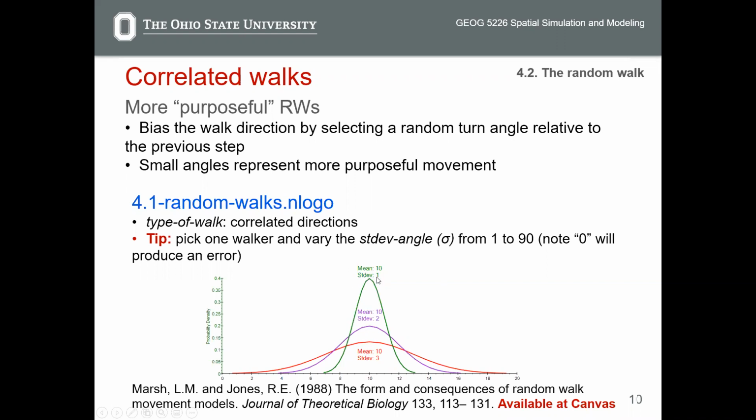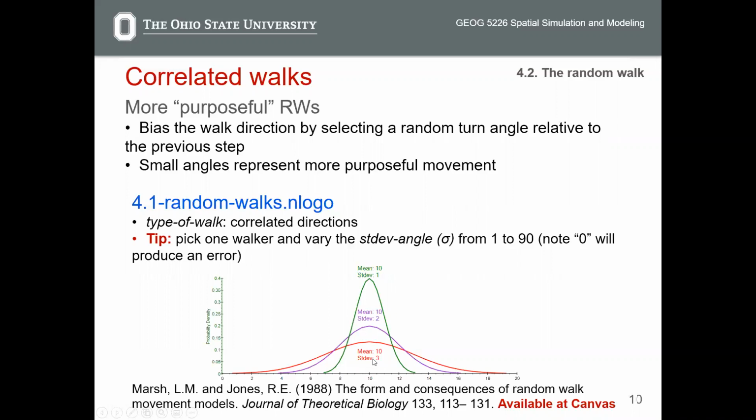Because if you use a smaller one, the turn angle for the next step only varies within this small range, which means that the direction of the next step will be very similar to the direction of the previous step.